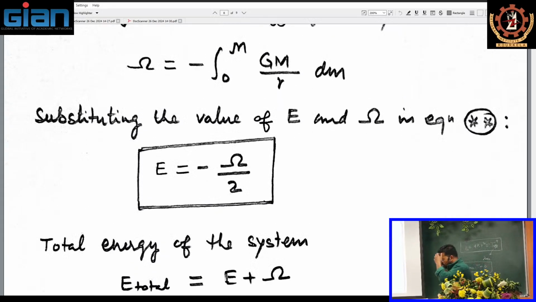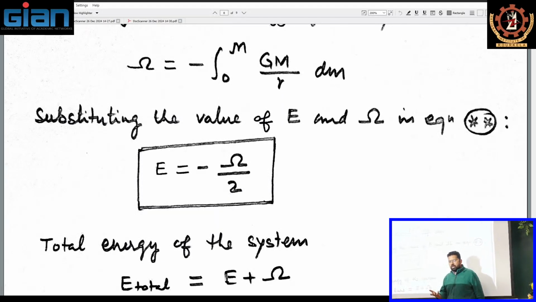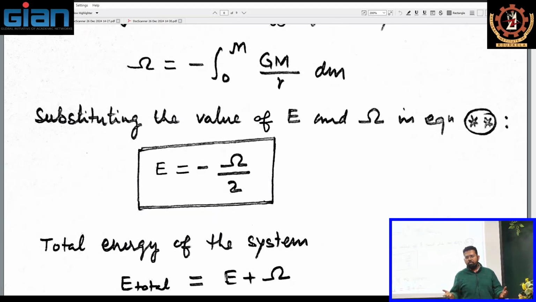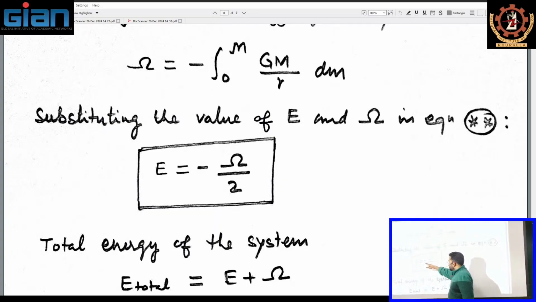Obviously when we talk about the total energy of the system, the total energy would be the summation of your E and your omega. If you add them together, you will get the total energy of the system. So let's add them together and see what we get. I can write omega in terms of E as minus 2E.